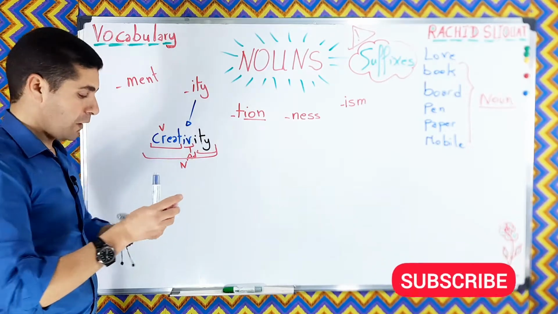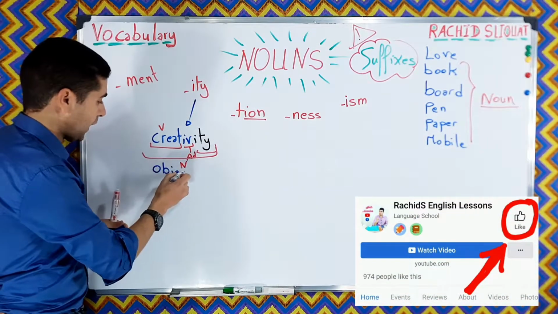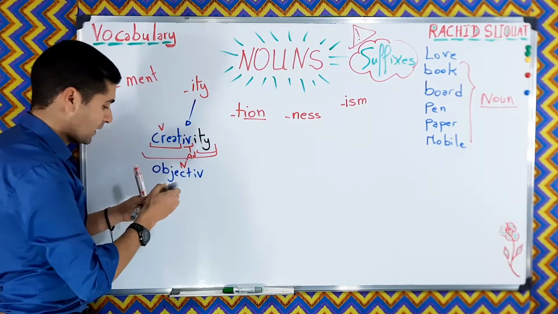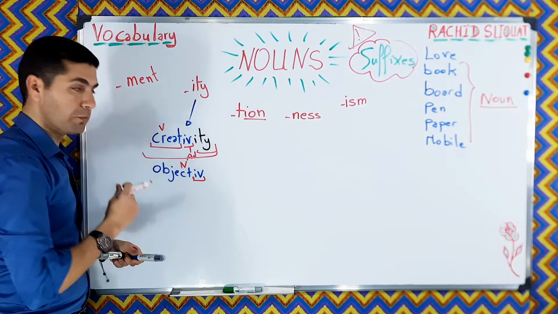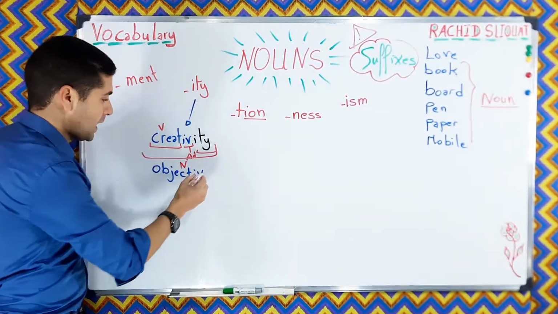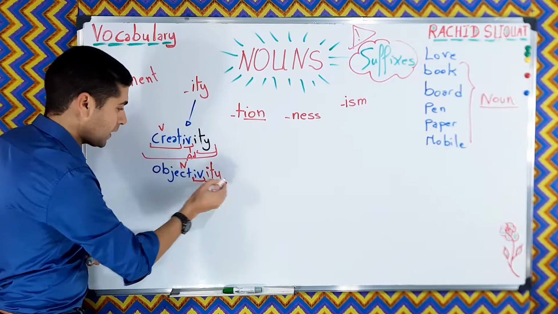We can also talk about objectivity. Objective is an adjective, and objectivity with ety is a noun.